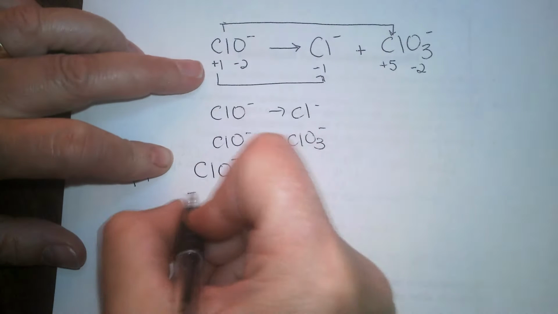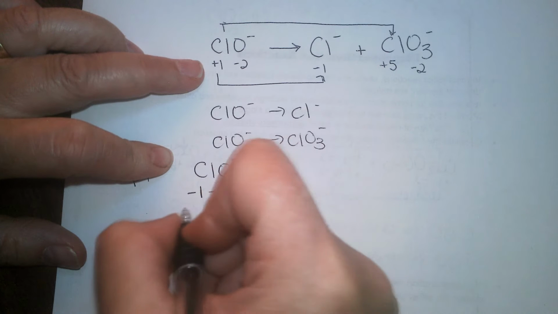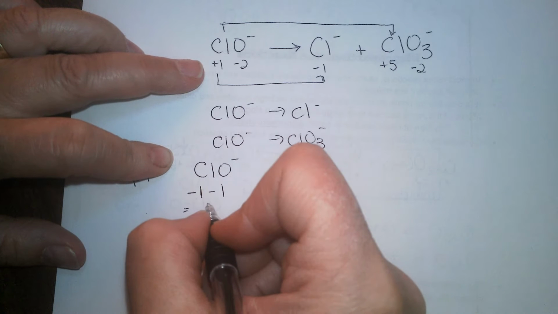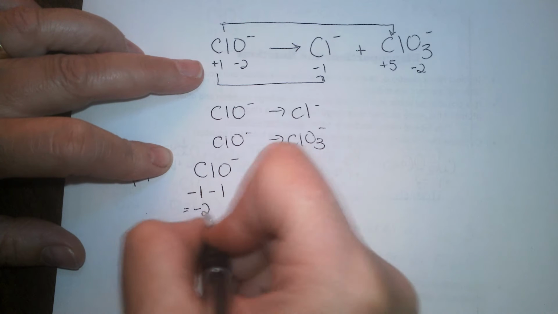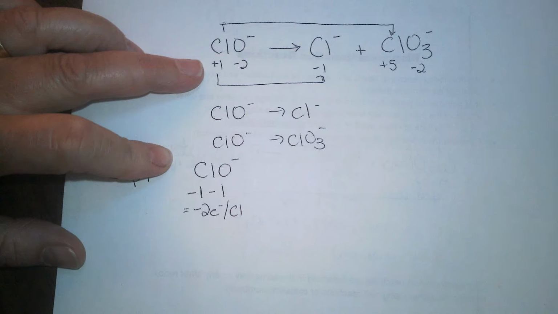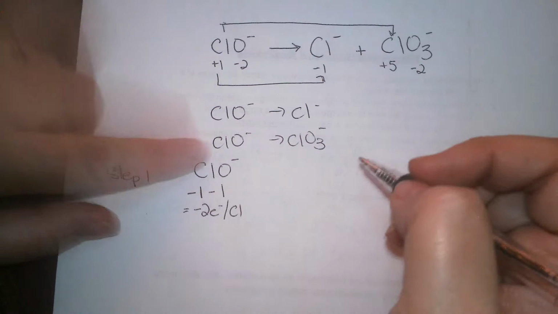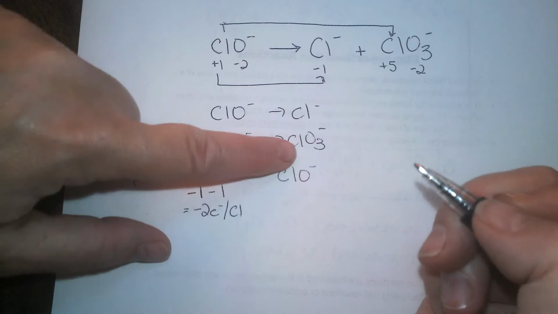So final minus initial, -1 minus 1 gives me what? You're having a my kind of day, Declan. Okay. And then in the second reaction, it's ClO minus to ClO3.